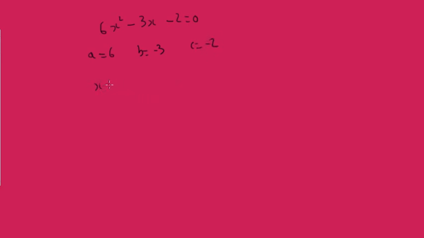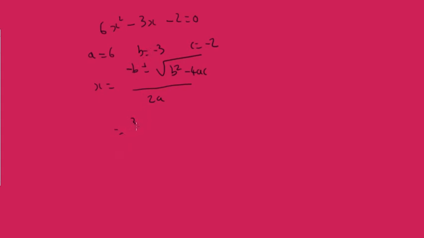So x equals minus b plus or minus the square root of b squared minus 4ac over 2a. So let's slot numbers in. So that's minus 3.